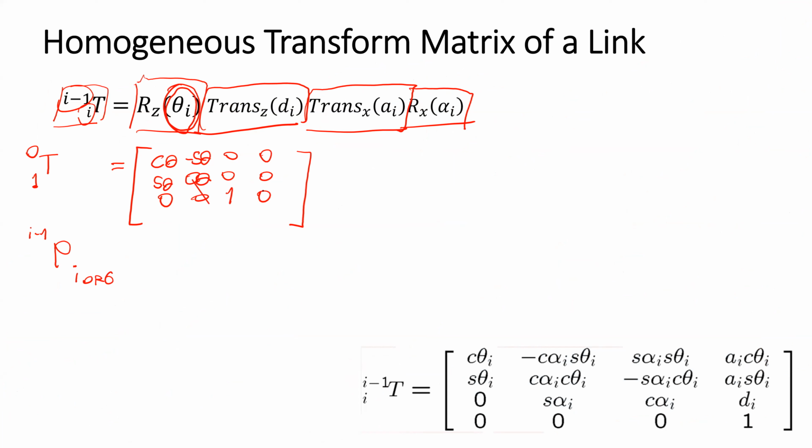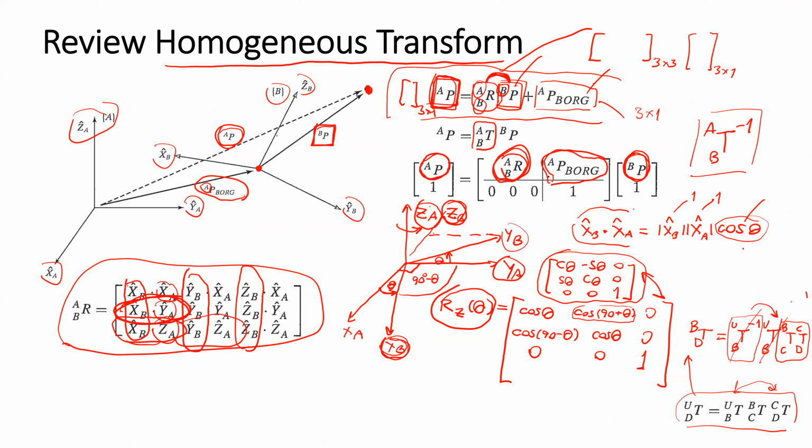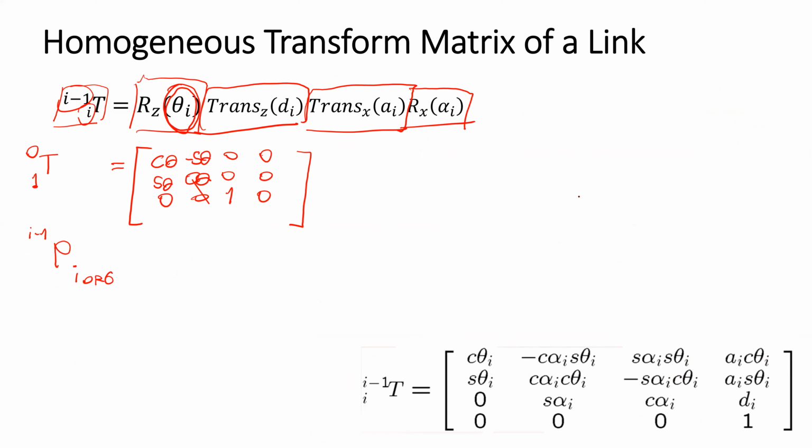The position vector will be 0. But to compose the homogeneous transform, we have the rotational matrix, we have the position of origin of B with respect to A, and we have 0, 0, 0, and we have 1. This is the effect of the rotation about the z-axis.